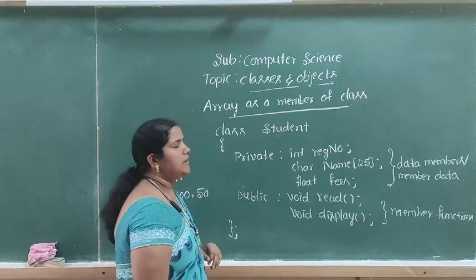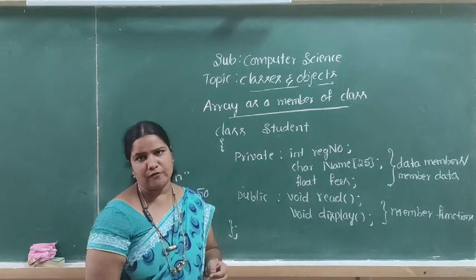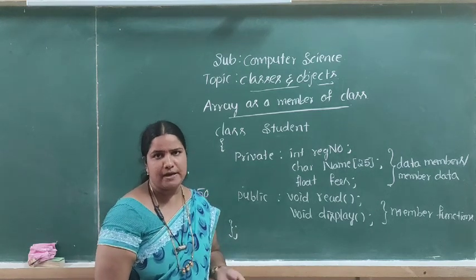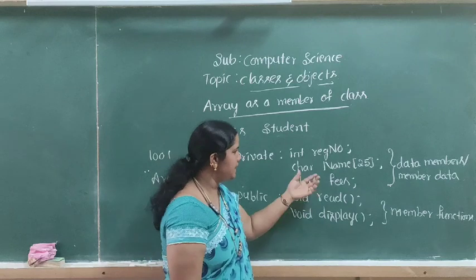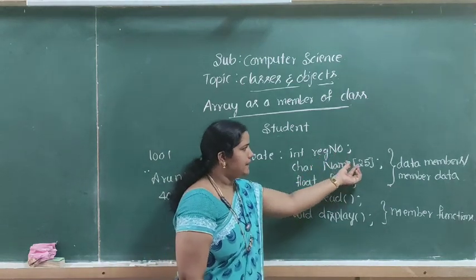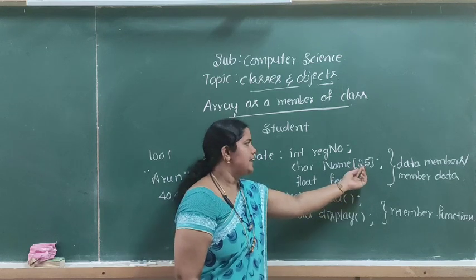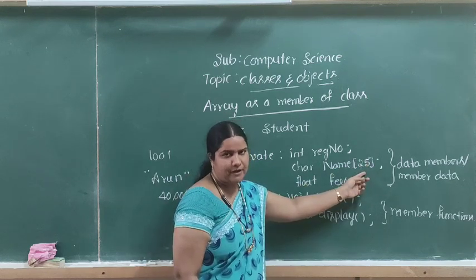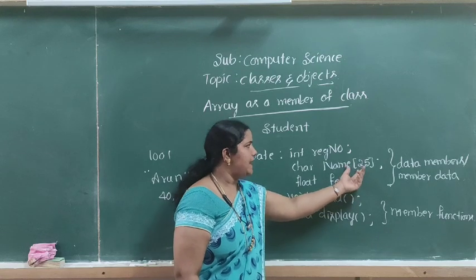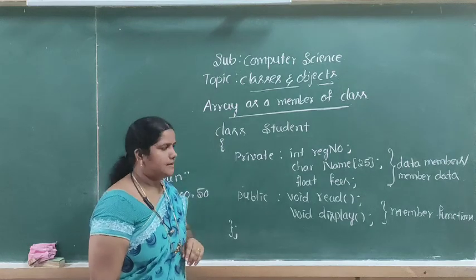Array as a member of class means that in a class we use an array as a member or data member. For example, register number has no size, and name contains a subscript. It is a one-dimensional array with size 25. The data member is of array type. That is array as a member of class.